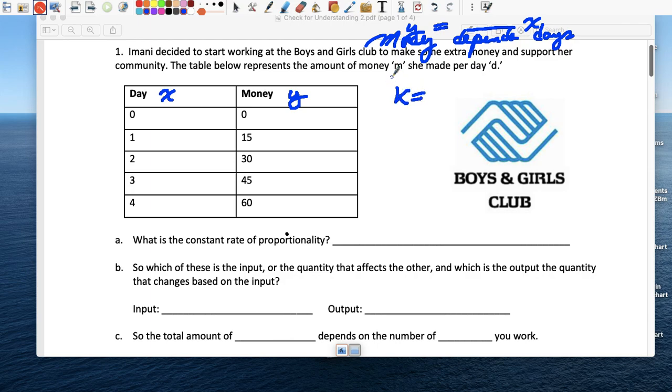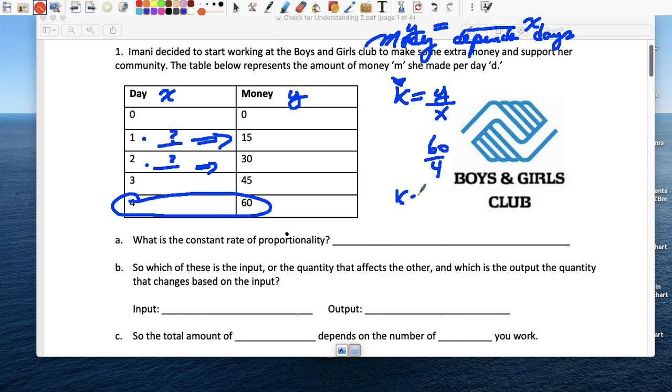The constant of proportionality is the number that you multiply this by to get to that. So if you divide Y over X, pick any of the Y values, 4 and 60, 3 and 45, 2 and 30, it doesn't matter. Let's pick this one. Y over X, you get 60 over 4, which means K equals 15.